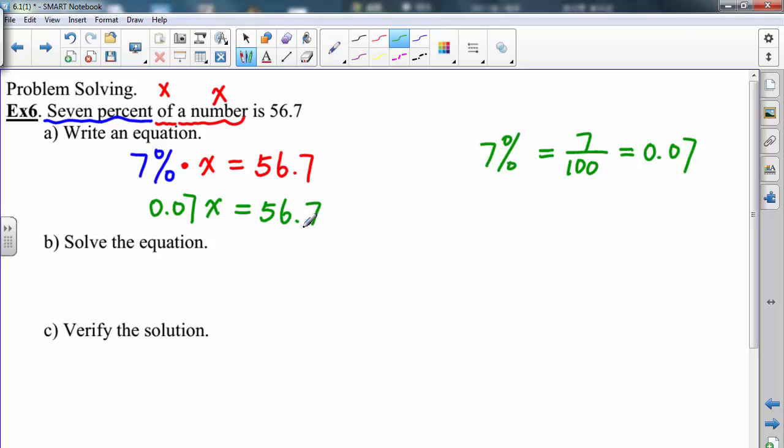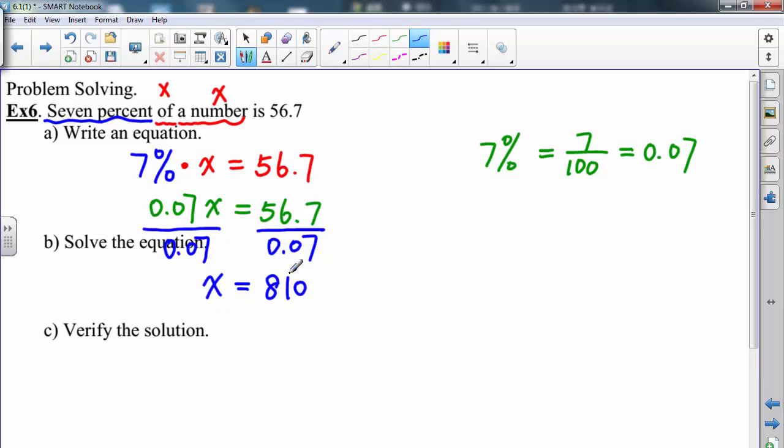Let's solve the equation by using the inverse operation. Multiplication becomes dividing. So I divide both sides by 0.07. 0.07 divided by 0.07 equals 1x. This 1x equals 56.7 divided by 0.07. So the answer is 810. That's how I can find the x value.